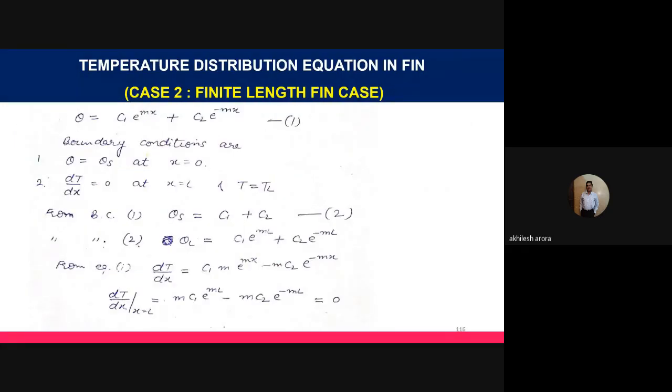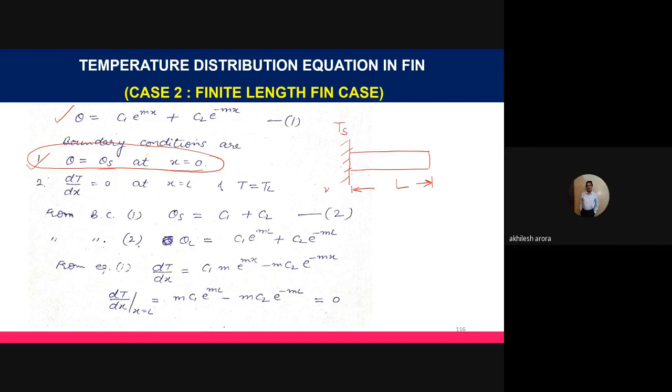Now, as previously, we applied certain boundary conditions, so we can in this particular case also apply the boundary conditions. The first boundary condition is theta is equal to theta s at x is equal to 0. This boundary condition was used in the previous case also, and I have already explained that if this is the fin and its length is L, then here the temperature is Ts.